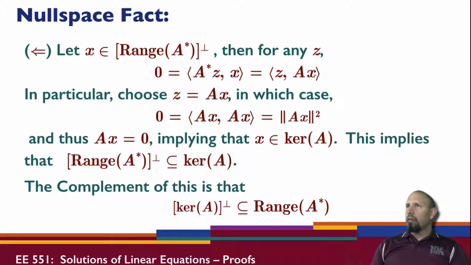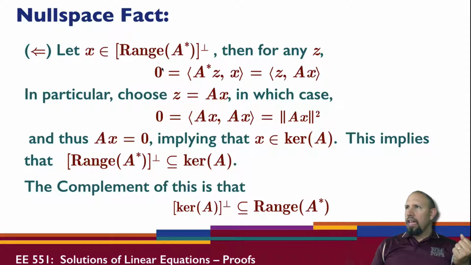Okay, now we're going to go the other way. Suppose that x is in the range of A adjoint perp. That is the orthogonal complement of the space we were just working with. Therefore, for any vector z, the inner product of A adjoint z with x must be 0.